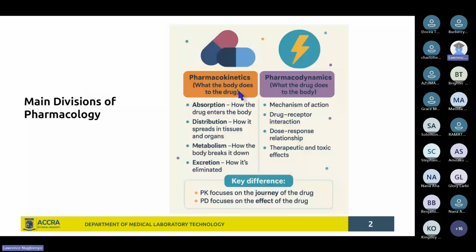So by the time we finish this, the next time when you take a drug and you open it, you look at the leaflet and you are reading through, I hope you have a better understanding of the things that are written in those leaflets, talking about mechanism of action of the drug. And when they talk about absorption or distribution, or when they mention some metabolic effects or how the drug is excreted, you should have a better understanding.